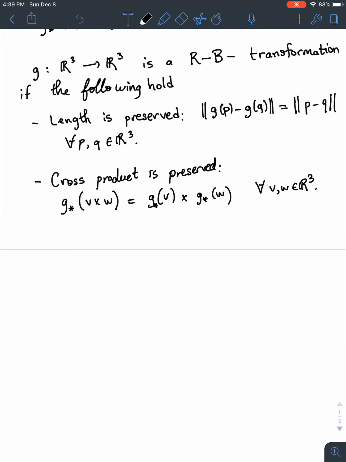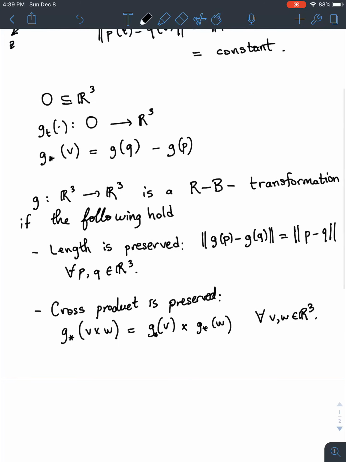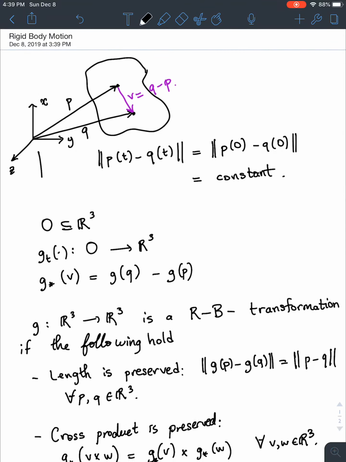Now, this is the general theory of rigid body motion. Whenever we're keeping track of a rigid body motion, we're going to attach a coordinate system not just to the Earth, but also to the body. So we're going to have a body coordinate system, X body, Y body, Z body, as well as the world coordinate system, X world, Y world, Z world.